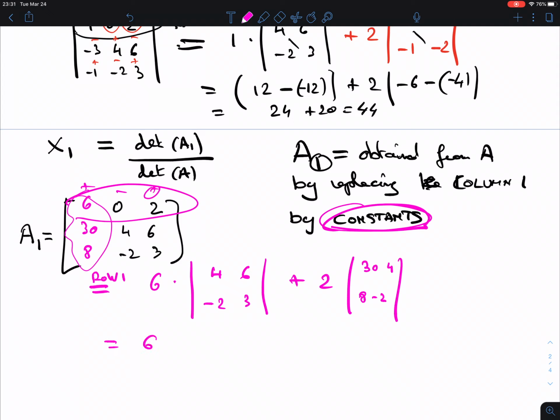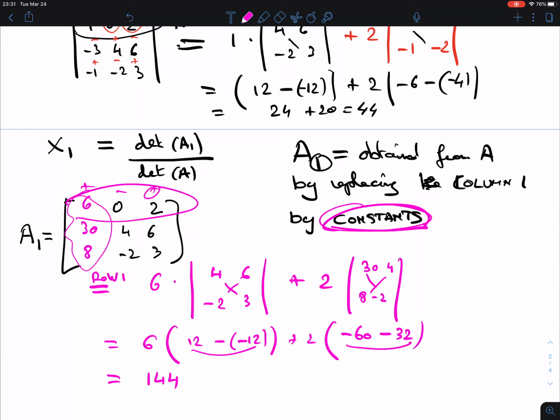So let's work this out. 12 minus 12, plus 2 times minus 6, minus 8. So that is 24 times 6, 120, 144.